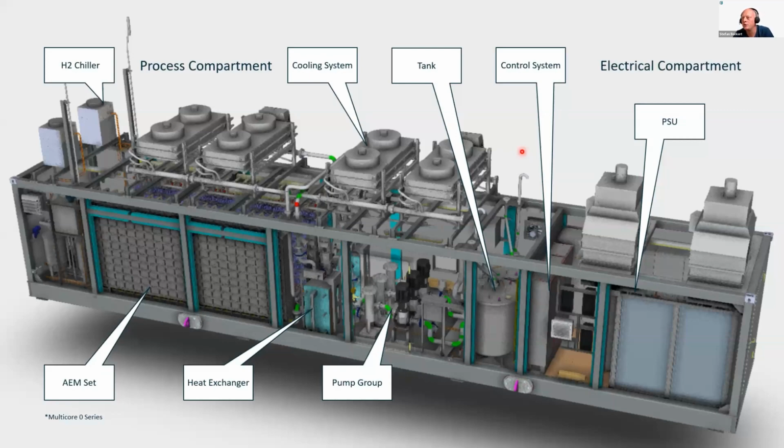Another one coming in from Jeremy just now. What type of material do you use to isolate each work area from a gas leak in the container? Gas leak into the... Can you repeat the question, please? What type of material do you use to isolate each work area? I think the process compartment from the electrical compartment, I guess.